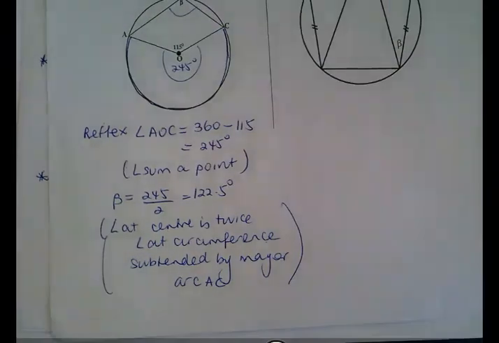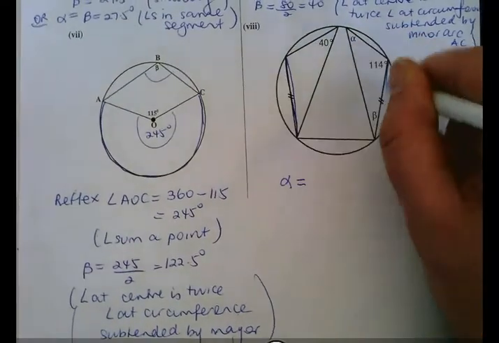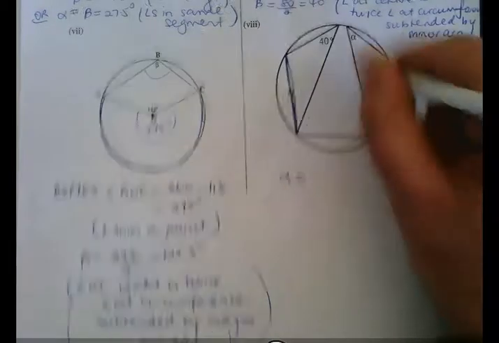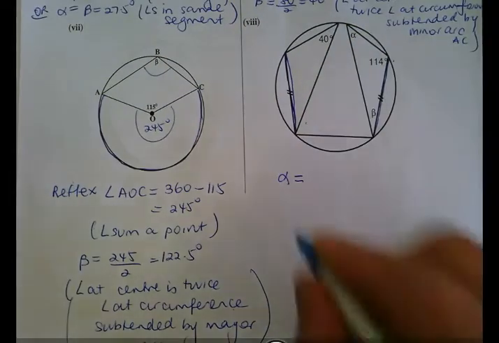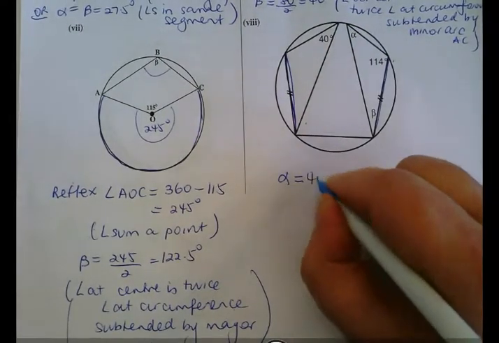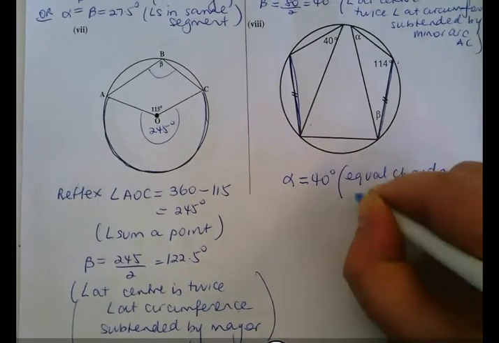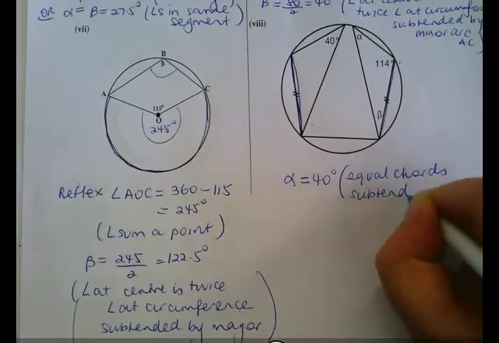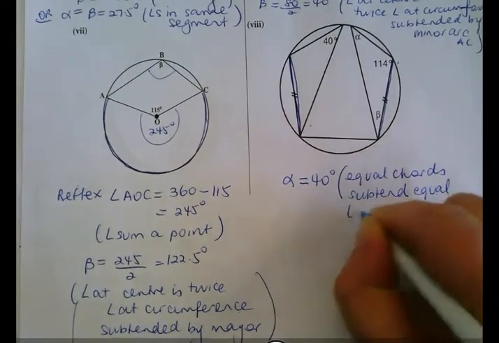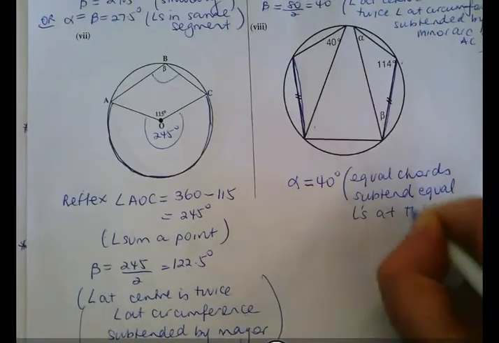Okay? Chords, those two. And they subtend equal angles at the circumference. So alpha will be 40 degrees because equal chords subtend equal angles at the circumference.